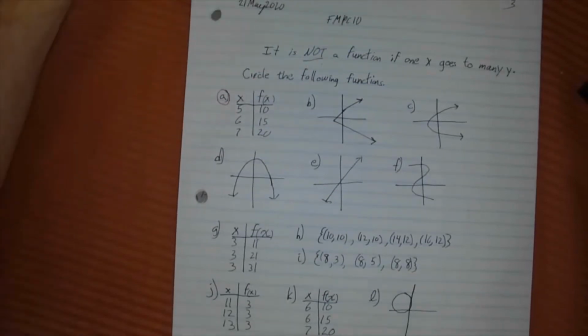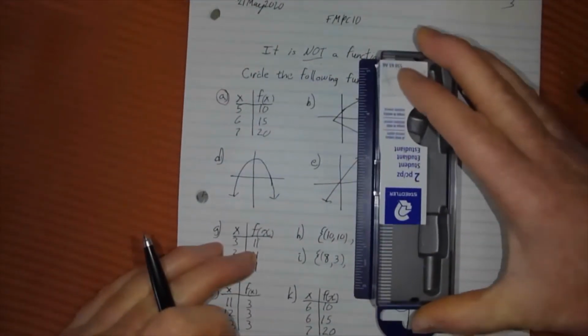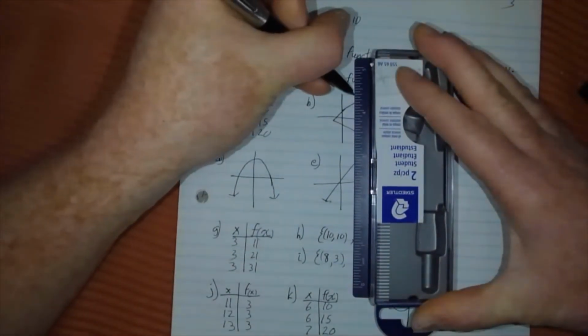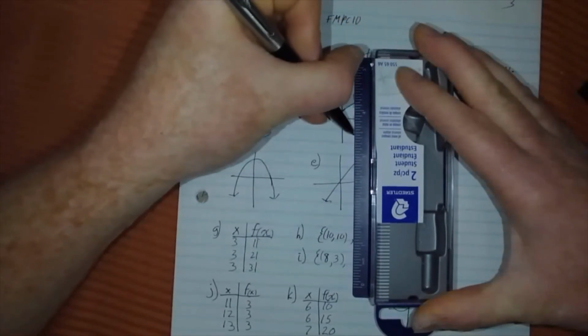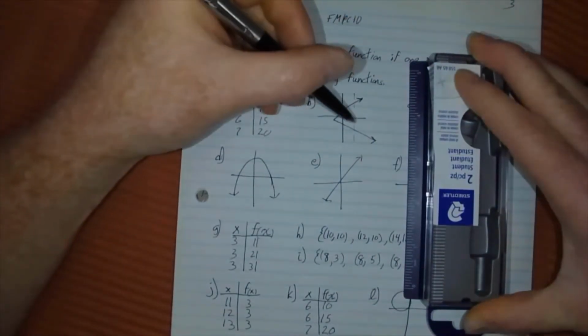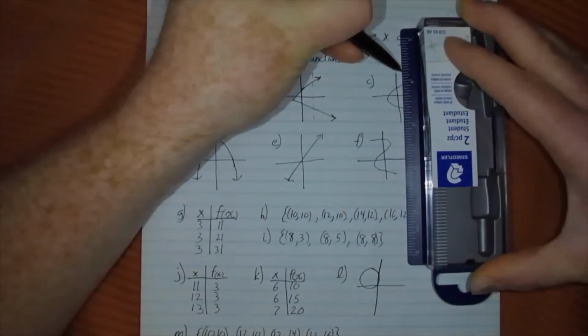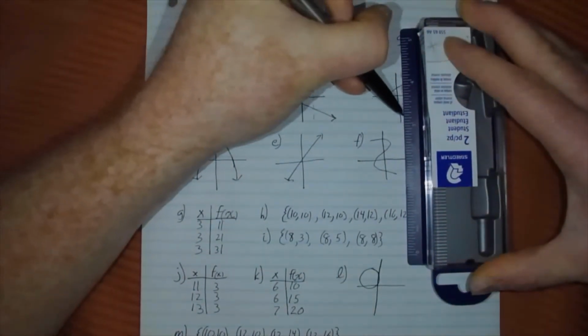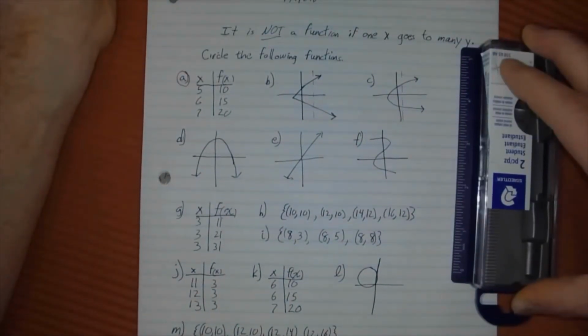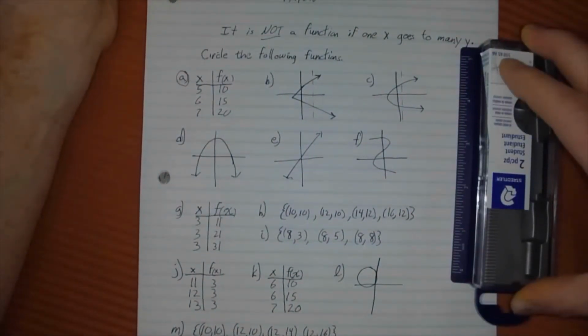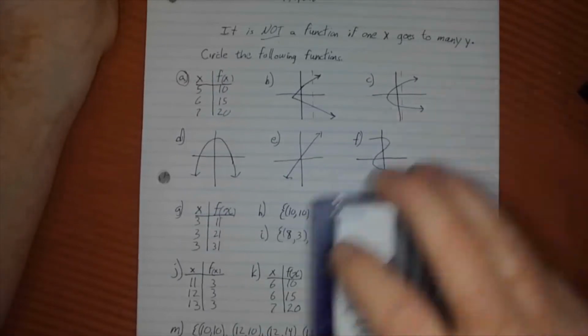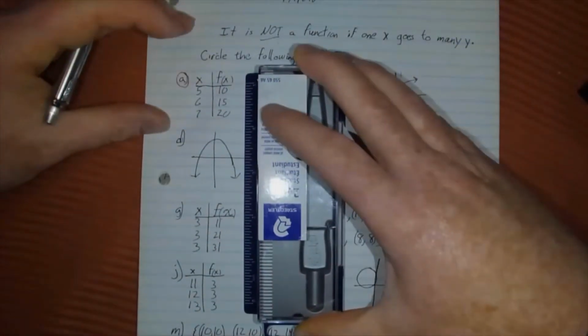Vertical line test with a graph. It passes more than one time. It is not a function. Vertical line test. That should be a straight line. We're pretending it is. Not a function. D, vertical line test.